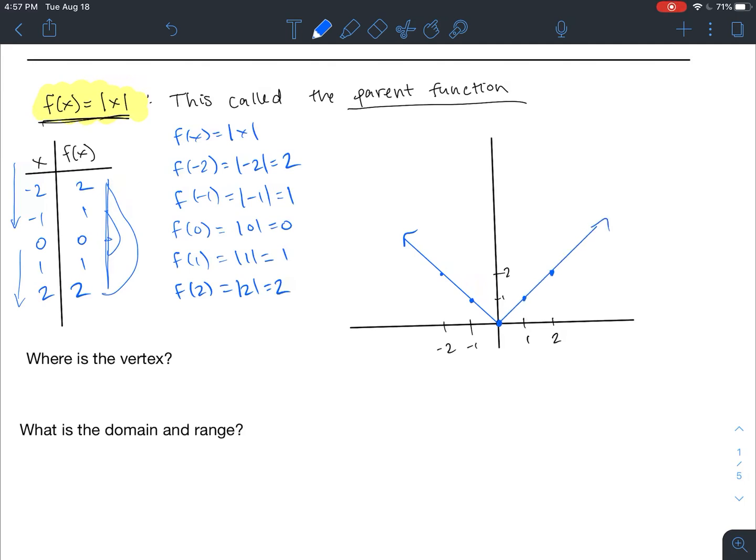So it's a V-shaped graph and it's symmetrical. When I say it's symmetrical, I mean you can reflect it across this line and it would be the same line. They would be on top of each other. So those are some characteristics of our absolute value function. It is V-shaped. It is symmetrical.